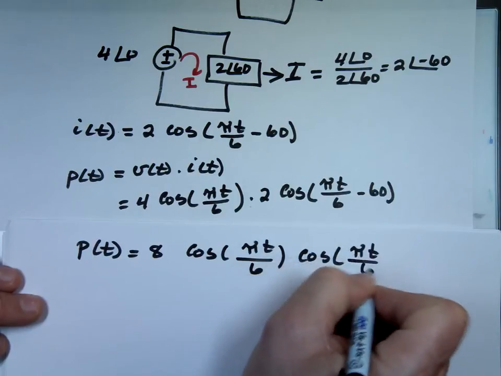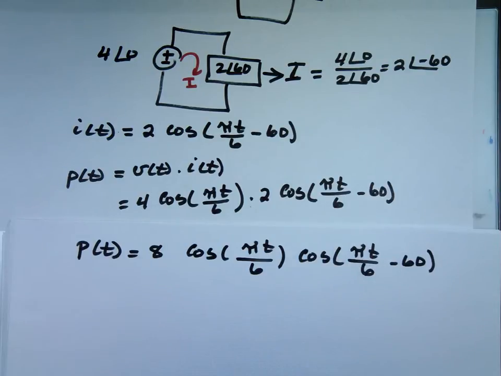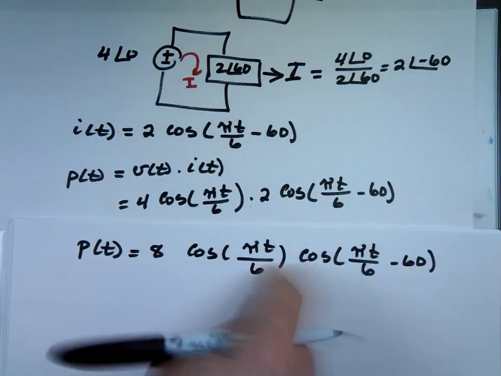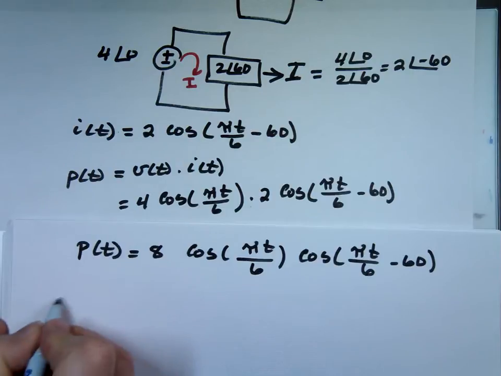I can use my trig substitution, you know, with cosine. Cosine is 1/2 cosine the sum of them plus cosine the difference, but that's fine. I can leave it like this. When I say use my trig substitution, I'm talking about this green stuff we just derived.